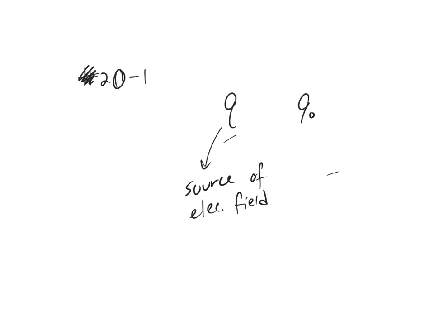That's like the Earth. It's analogous in your mind to the Earth. Q0 is called a test charge. This is something that's brought in the vicinity of the field. Like another charge that's been introduced into this field. That's like a person on the Earth. So the source pulls that charge or pushes that charge away, like the Earth would pull you toward it.